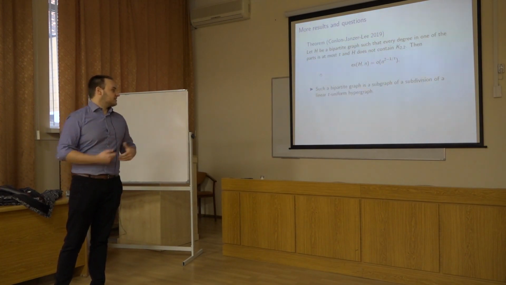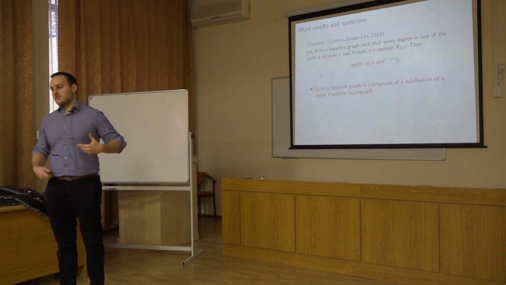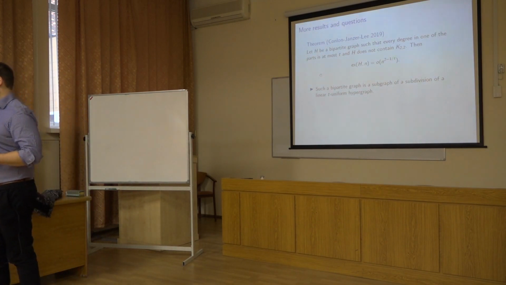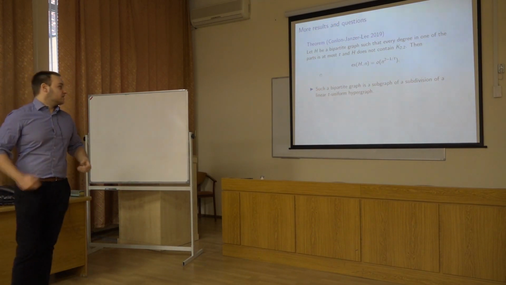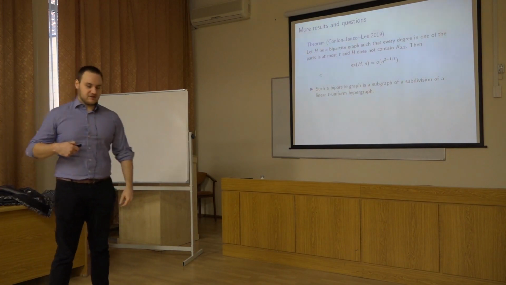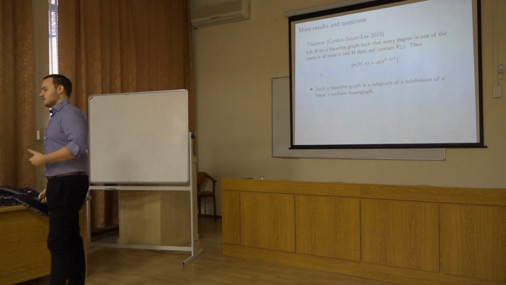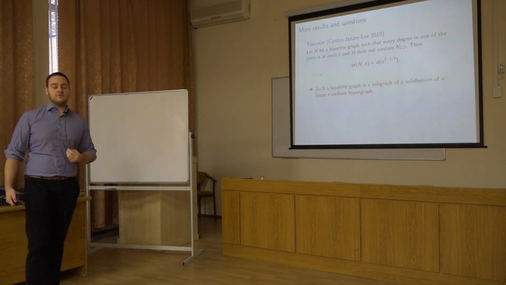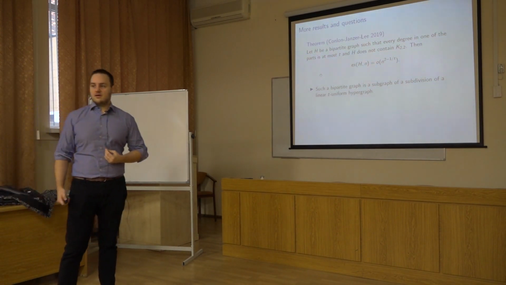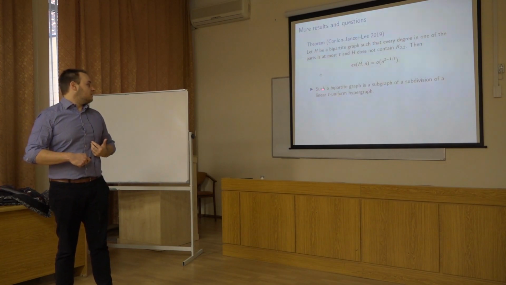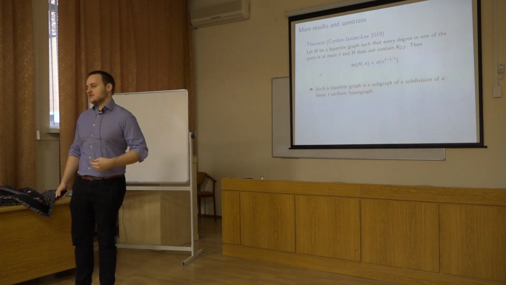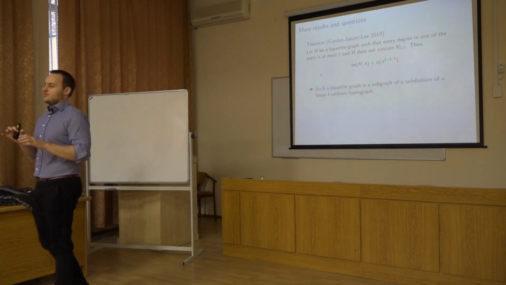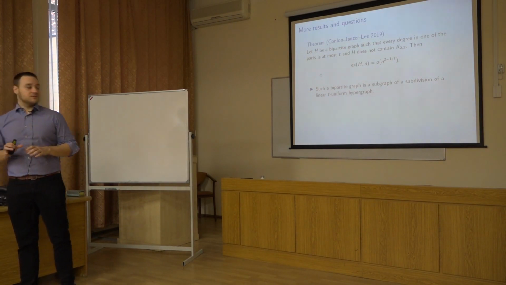So let me remark that this result can also be formulated in the language of subdivisions. The bipartite graphs satisfying these conditions are actually just subgraphs of subdivisions of t-uniform linear hypergraphs. A linear hypergraph is just a hypergraph in which any 2 hyperedges intersect in at most 1 point.